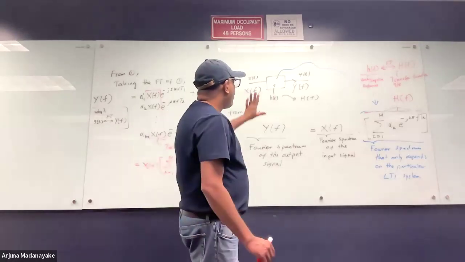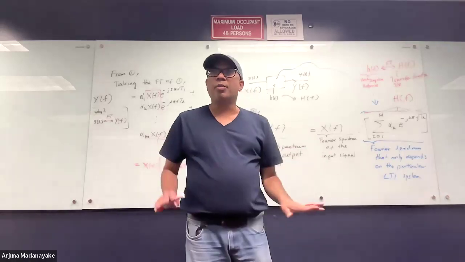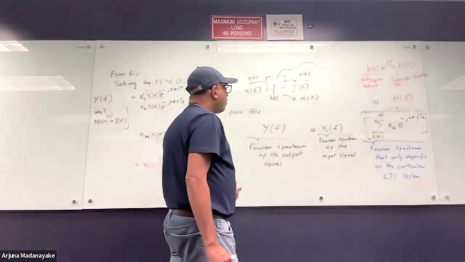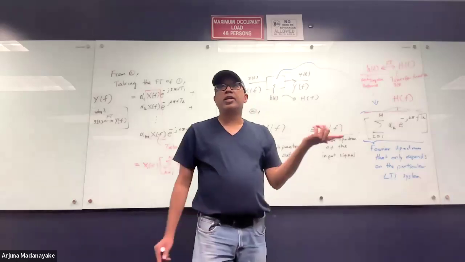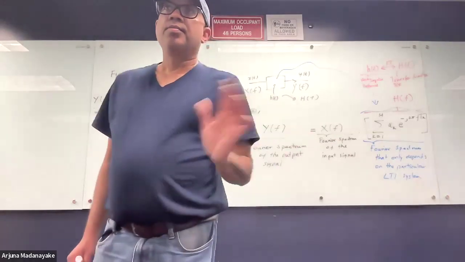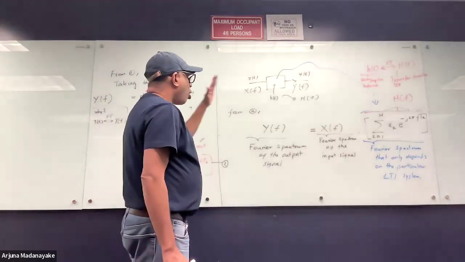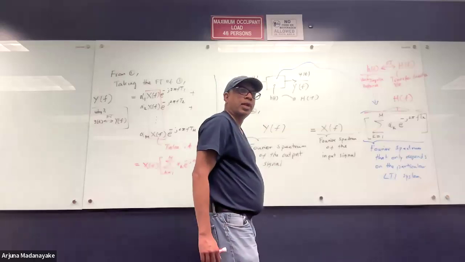Okay. I have ignored differentiation and integration for now to keep things simple, but you can extend this derivation to cases where you have delays, scaling, integration, and differentiation. But we'll do that at a next level. For now, let's only consider delays and scaling.